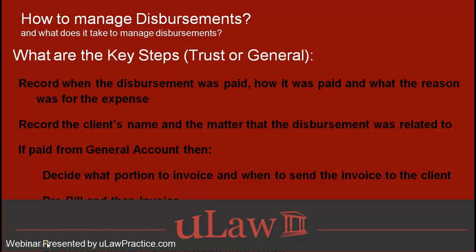The other way that you can manage disbursements or expenses on behalf of your client is by using your general account. Now, the subtle difference, but important enough, is that when you transact using your general account, there are a few additional steps that you need to take as the legal professional to recover that expense.